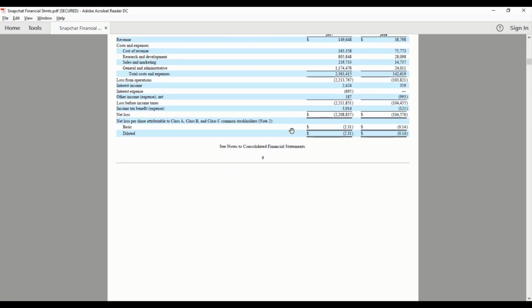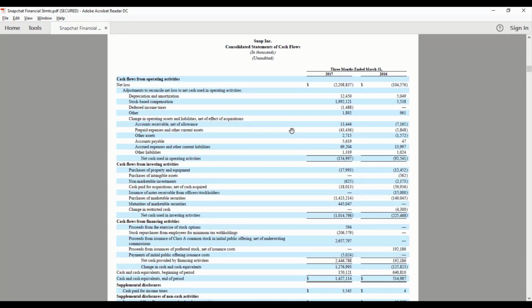I'm going to go down to the statement of cash flows, and this is on page 8 of the financial statements. And right here we see adjustments to reconcile net loss to net cash used in operating activities. We'll go through all of this in just a minute, but I want to focus on just a couple items real quick. Right up front, we have depreciation and amortization right here. So they break out that it's $12,455,000.